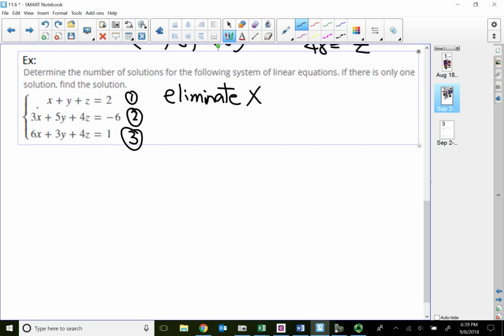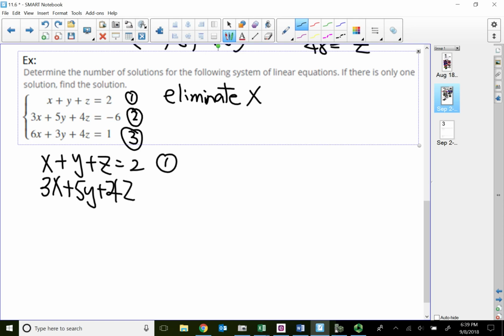It's not that big. So if I pick the first 2 equations, I want to eliminate x. I need to make the x the same. The common multiple between 1 and 3 is 3. That means in the first equation, every term gets multiplied by 3, so I can end up with 3x as well. That will give me 3x plus 3y plus 3z equal to 6, right?